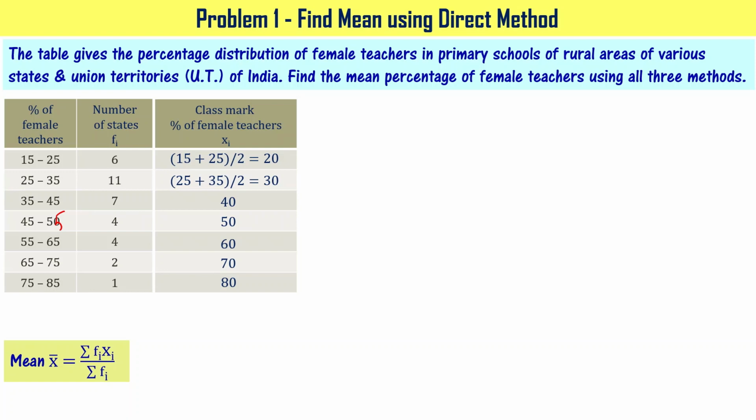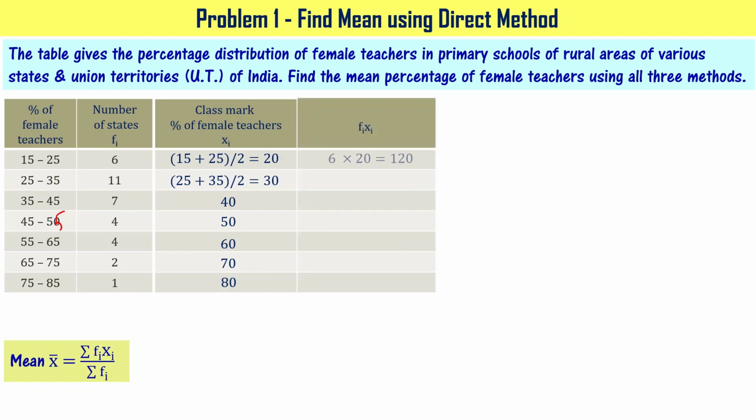Now let's find fi xi. 6 times 20 is 120. 11 times 30 is 330. 7 times 40 is 280. 4 times 50 is equal to 200. For the next class, it is 4 times 60. For the next class, it is 2 times 70. For the last class, it is 1 times 80, right?